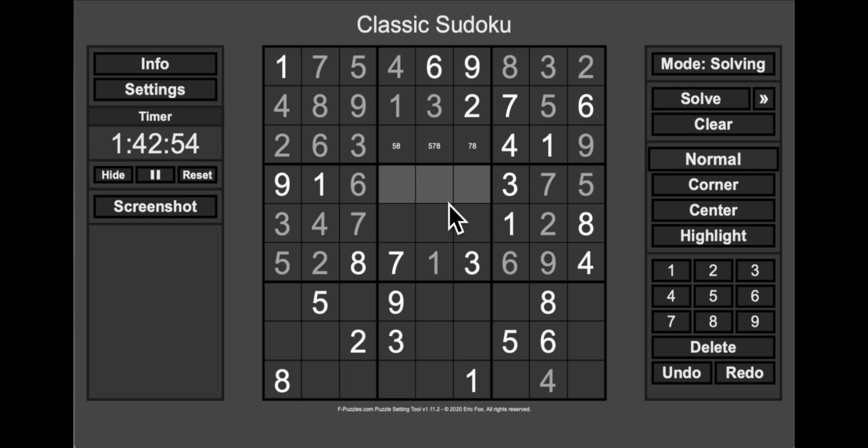Okay, if this is right, then these are 5, 6, and 9 in some fashion. Right? They're 5, 6, and 9.